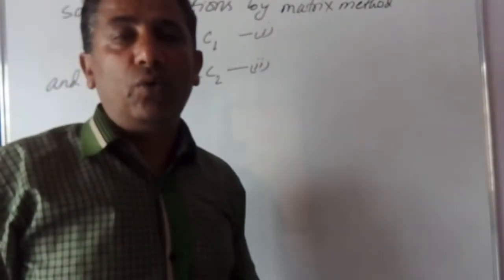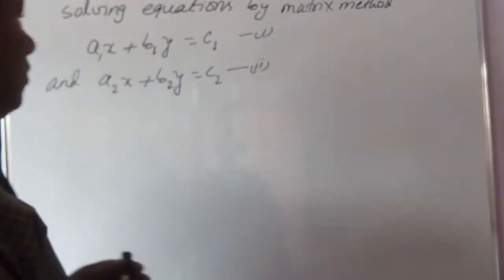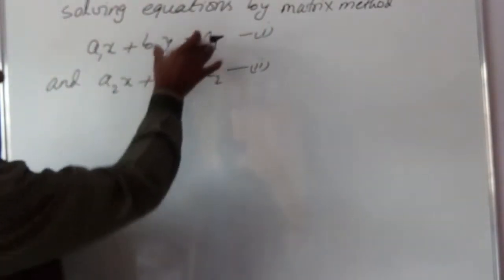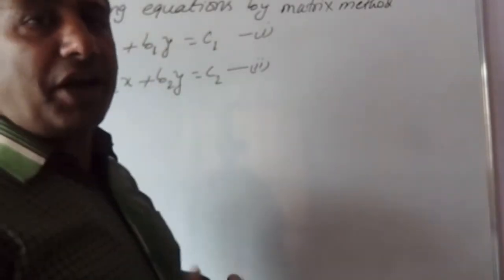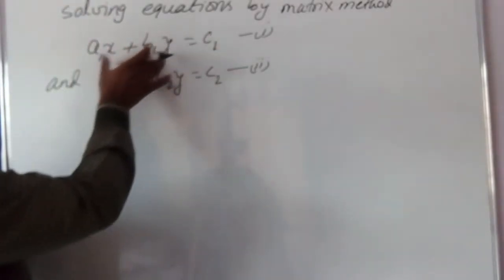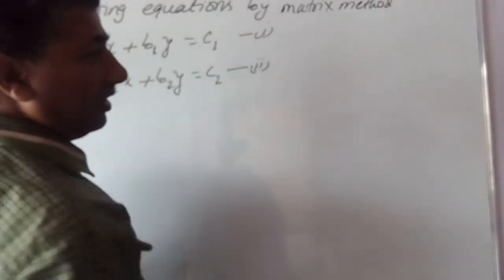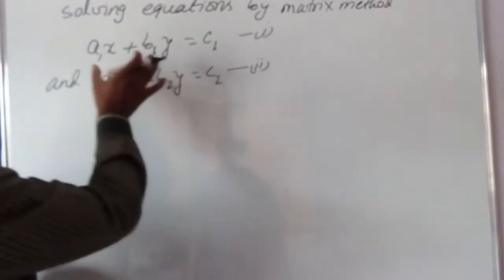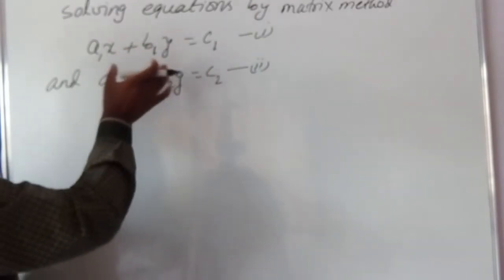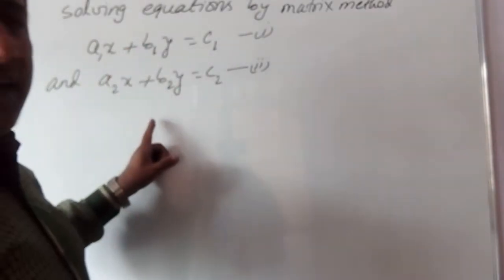First of all, we write equations 1 and 2 in matrix form. Take the constant numbers to the right hand side, and the two terms having variables x and y on the left hand side.